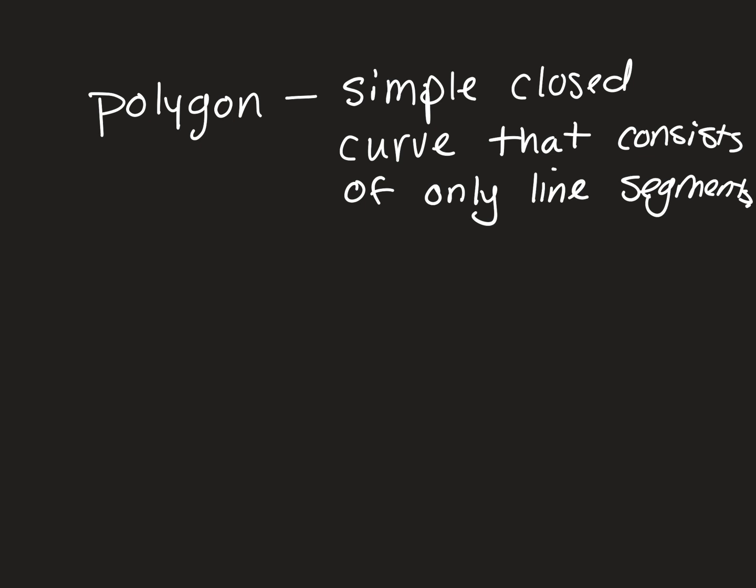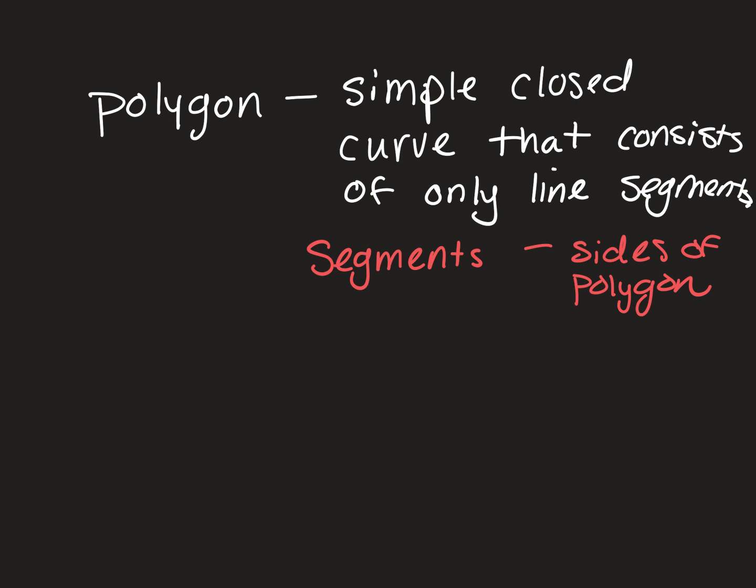Each segment is a side, so segments are the sides of a polygon. And where the segments come together, the endpoints of the segments, are called the vertex, or vertices is the plural.